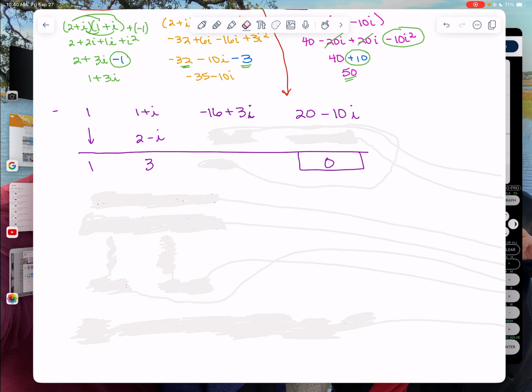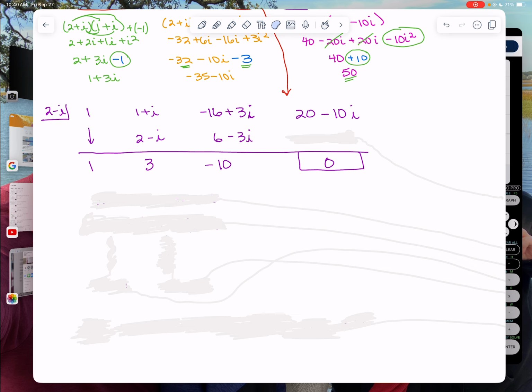I've got to multiply my 2 minus i times 3. And when I do that, I get 6 minus 3i. Again, my i's are going to cancel. So minus 16 plus 6, that's just going to give me 10.